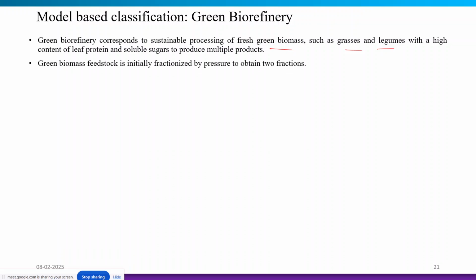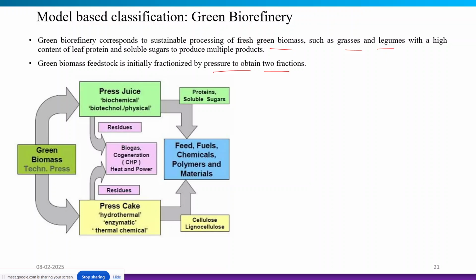The green biomass feedstock is initially fractionated by pressure to obtain two main fractions. One fraction is the juice, and another fraction is the cake.